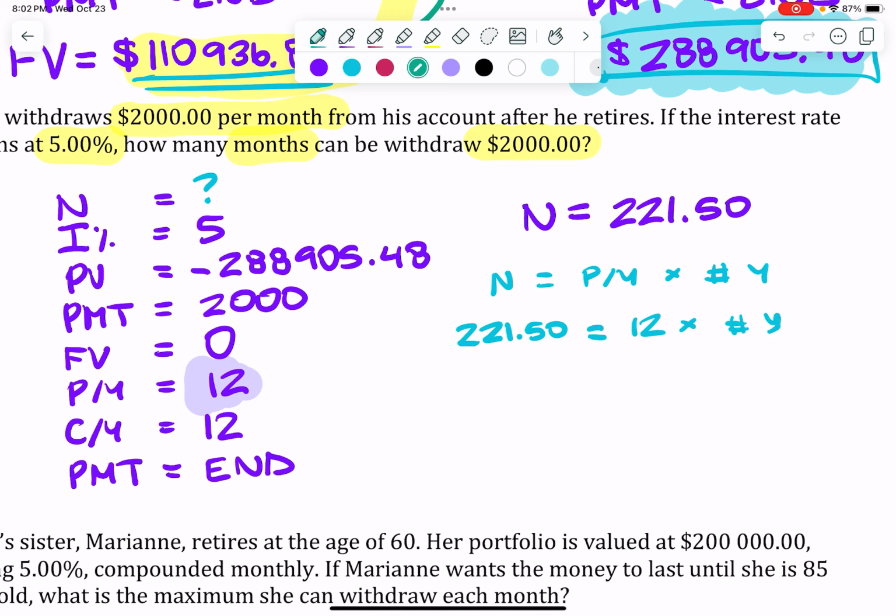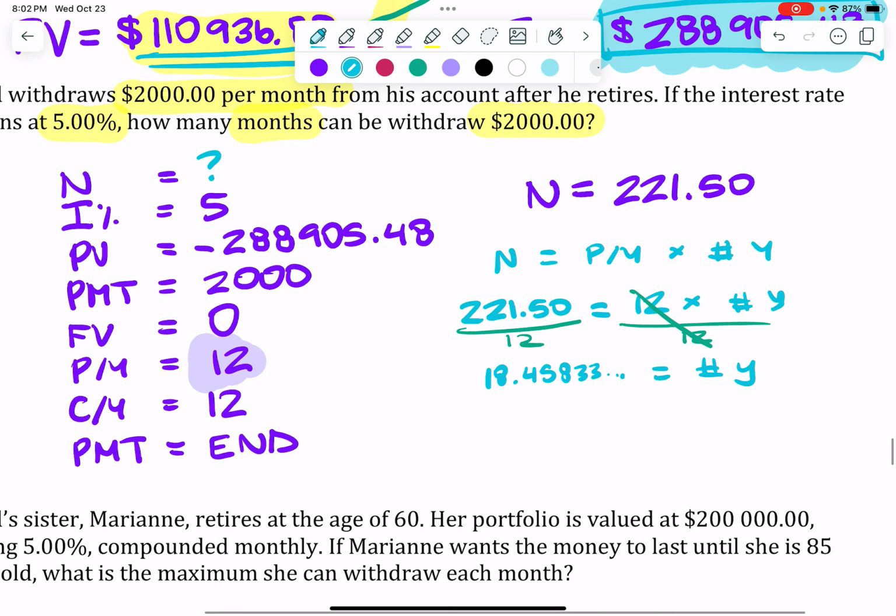And I could divide both sides by 12 to get that value. Let me quickly whip out a calculator. And that's 18.45833, etc. That's my number of years.